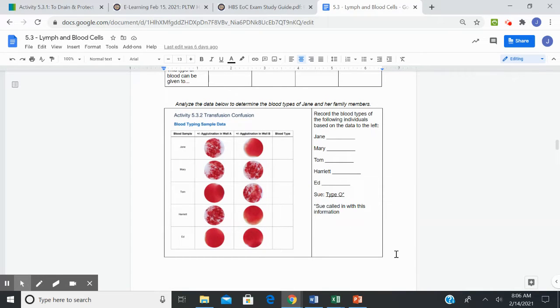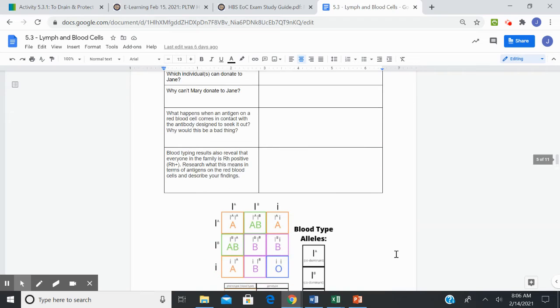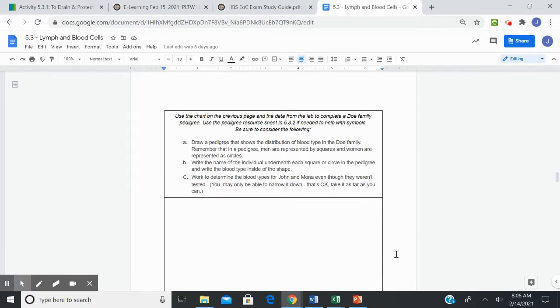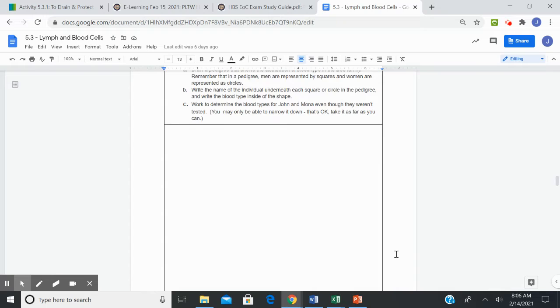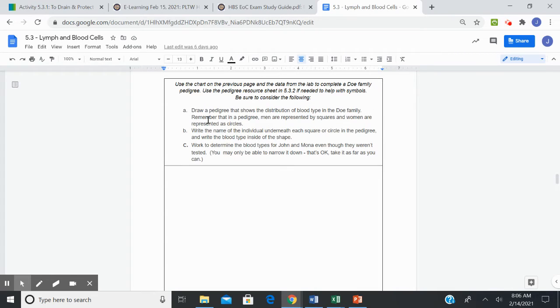If you weren't here, you can look at the data here and try to develop a pedigree for the Doe family, right? And follow these directions and make sure you have these individuals and write their blood type inside of the shape since we're not circling or anything like that. So put A, B, AB, or O for their blood type.